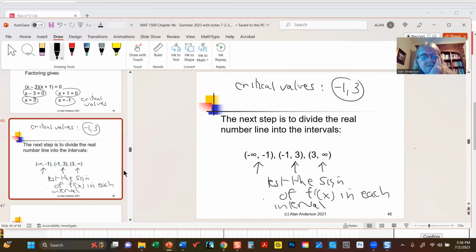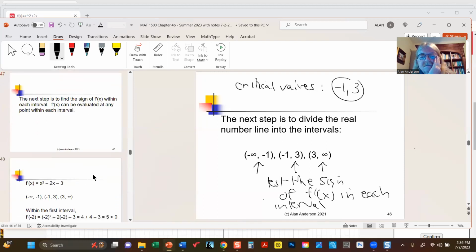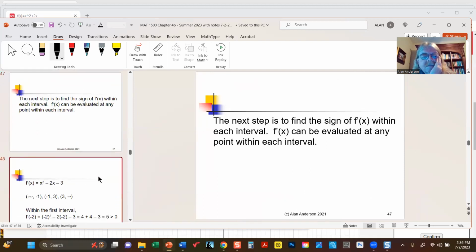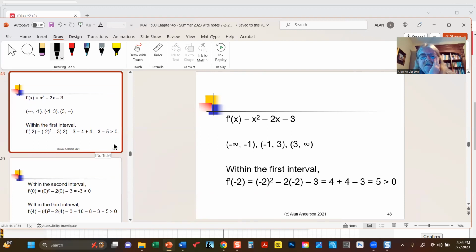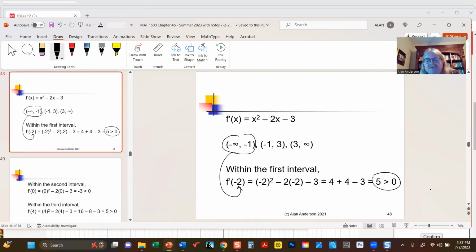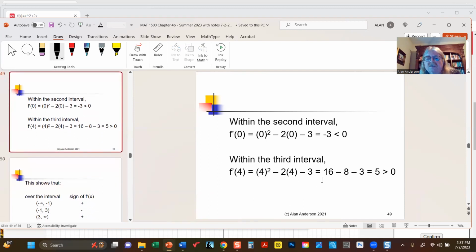Okay, so let's do it. So the derivative is right here. And again, these are the intervals. So that means you can pick any point in this interval. And so I've chosen -2. And you can see that ends up being 5, which is positive. Now, for the interval -1 to 3, we can plug in, let's say, 0.